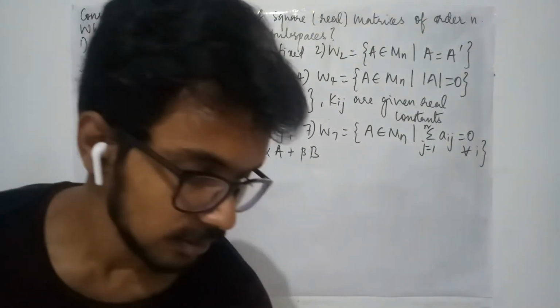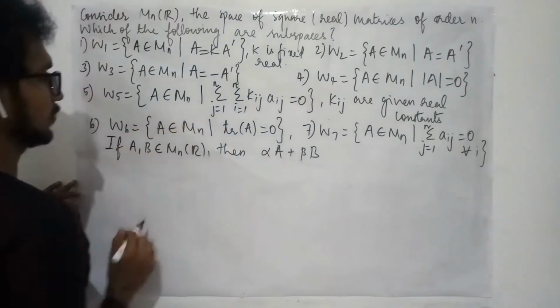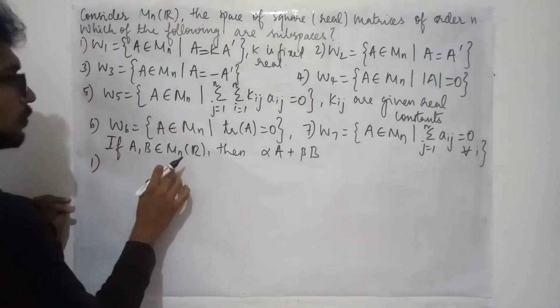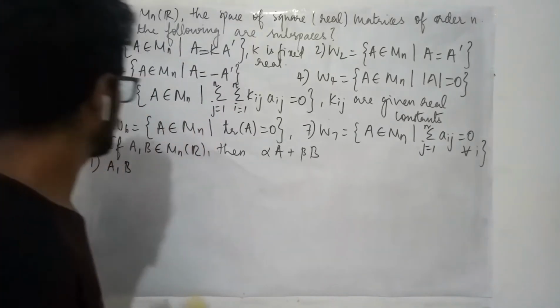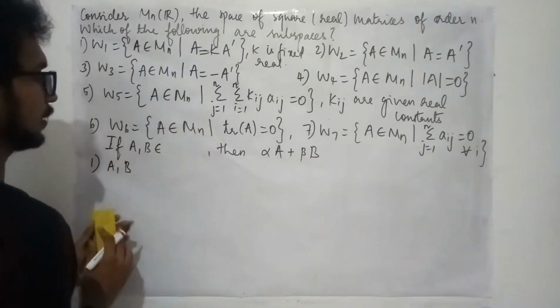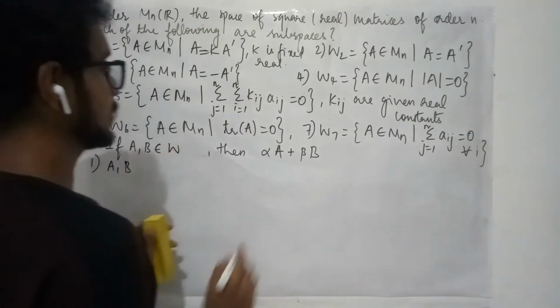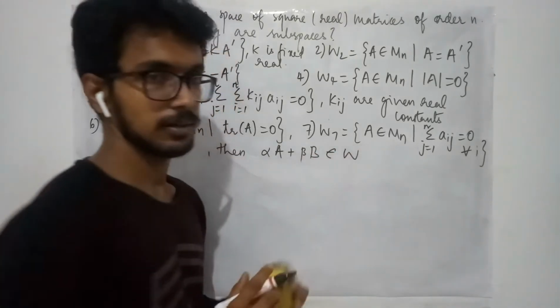So we have to prove that if A and B are taken from the subset, then this combination is in the subset.